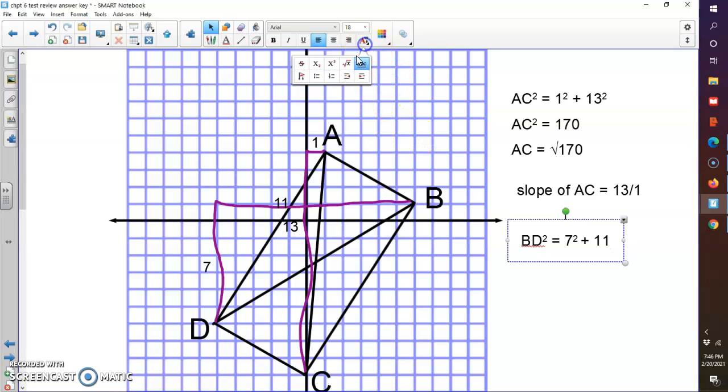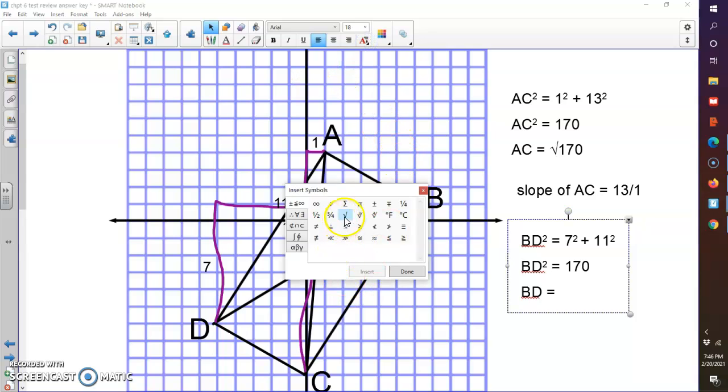And 7 squared is 49, 11 squared is 121. Well, that total is going to be 170. And that is very helpful in the sense that that's 170, then BD is equal to root 170 as well. So both lengths are root 170.